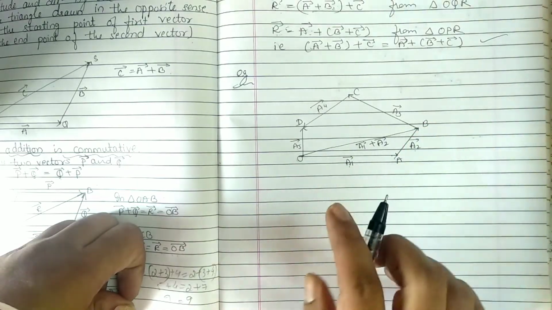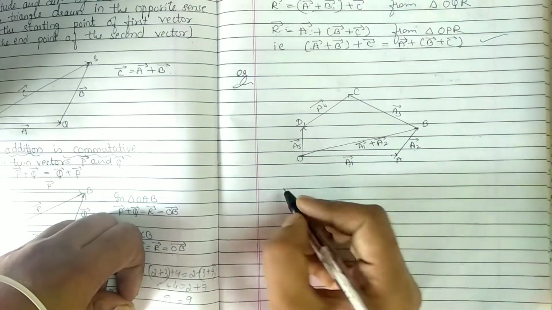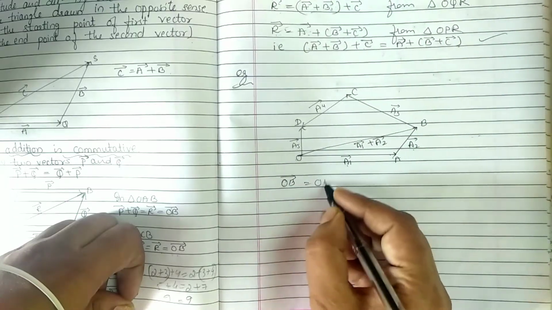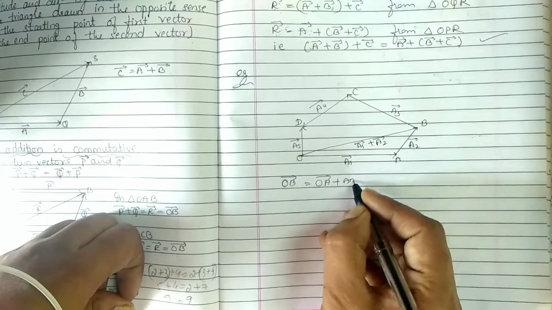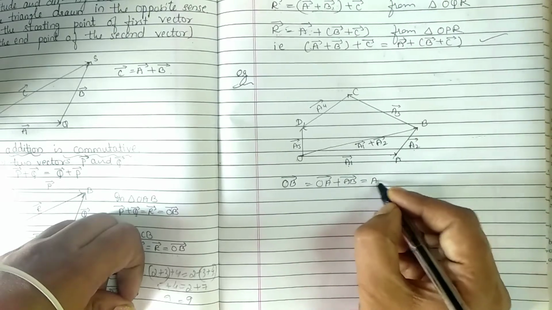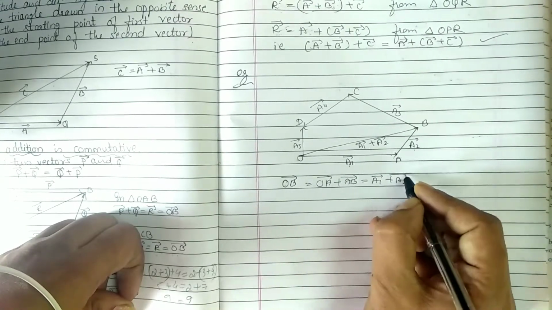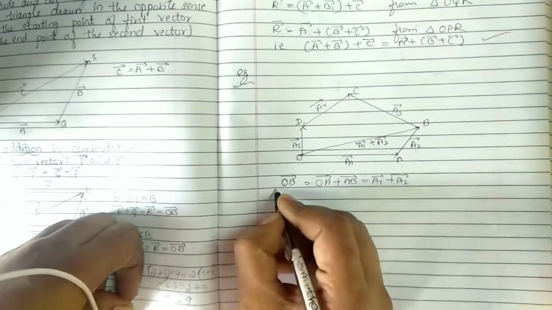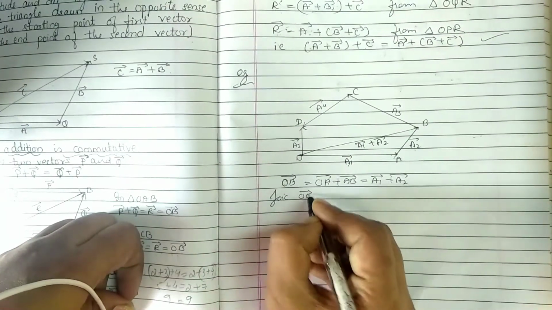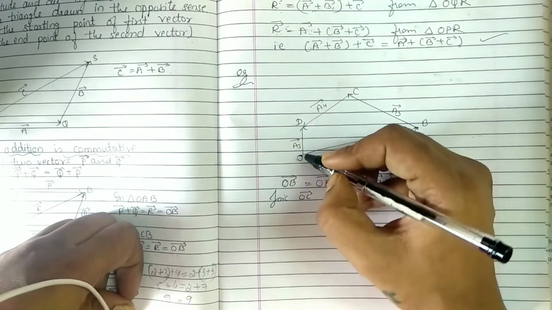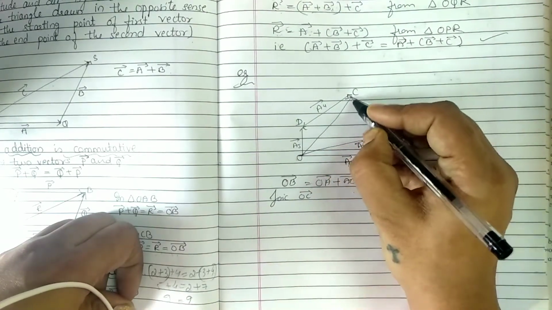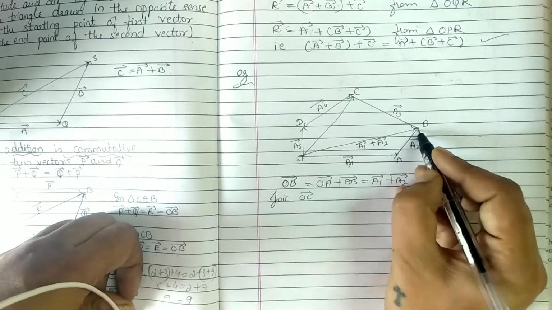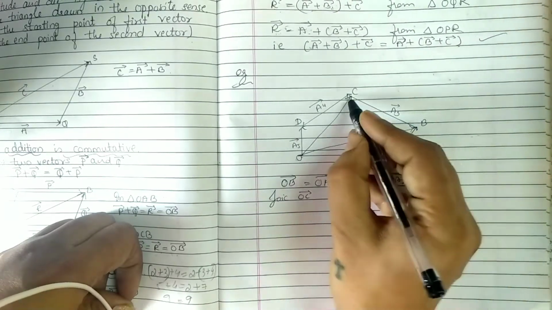So can I write, joining OB? OB is nothing but here. It is OA plus AB, so it is nothing but A1 plus A2. Now join OC. OB you joined as a resultant over here, and here to here BC.